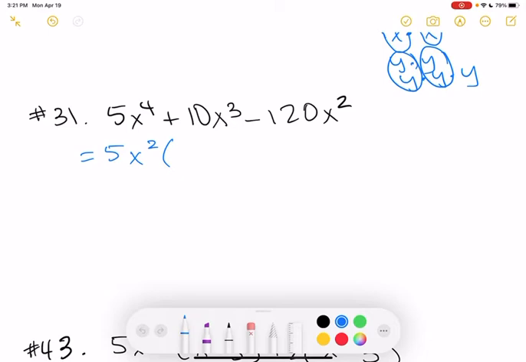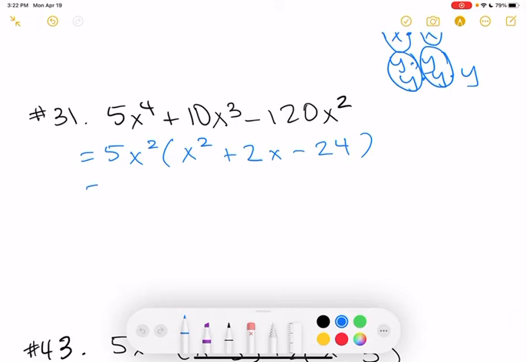So I have the 5, I have the x squared, I need another x squared. I have the 5, I'm trying to get to 10, so I'm going to do a plus 2. That's an x squared, we're trying to get to x cubed, so we need one more x. And then minus, I'm going to punch it in my calculator, just so I don't make a silly mistake. That's a 24. And we got all our x's taken care of.